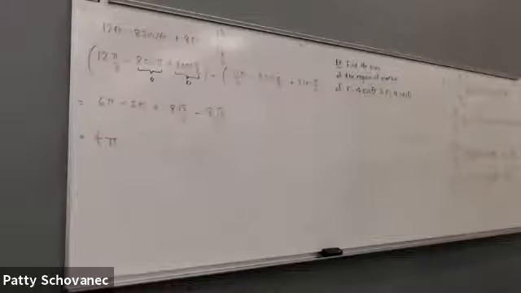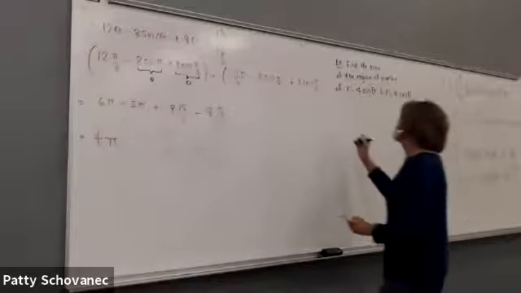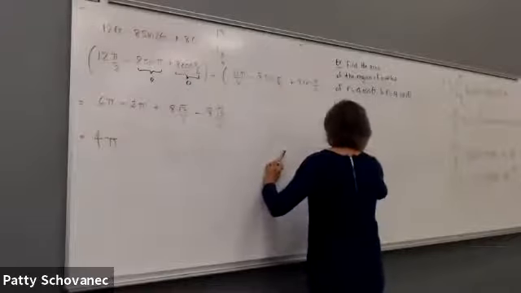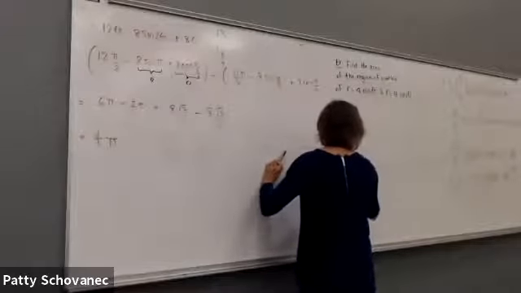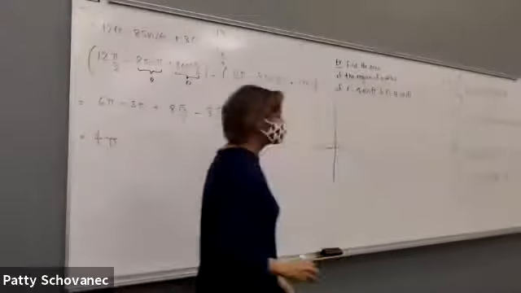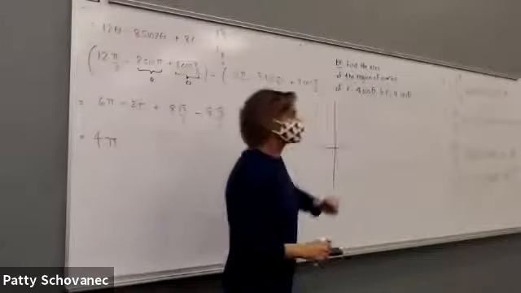So 4 cosine theta is going to be a circle of diameter 4, tangent to the origin, but symmetric to the x-axis. The other one is the same, but symmetric to the y-axis. So the region of overlap is right there.